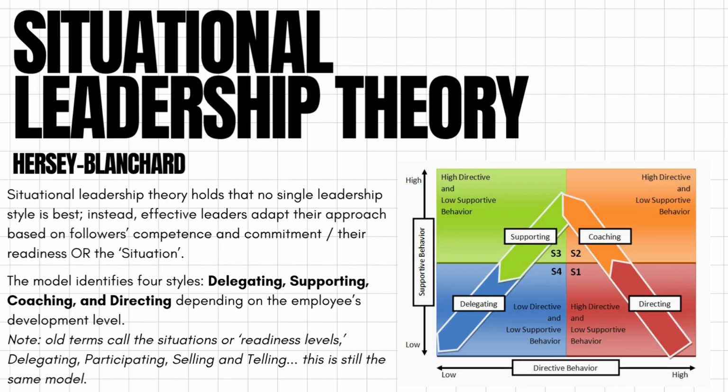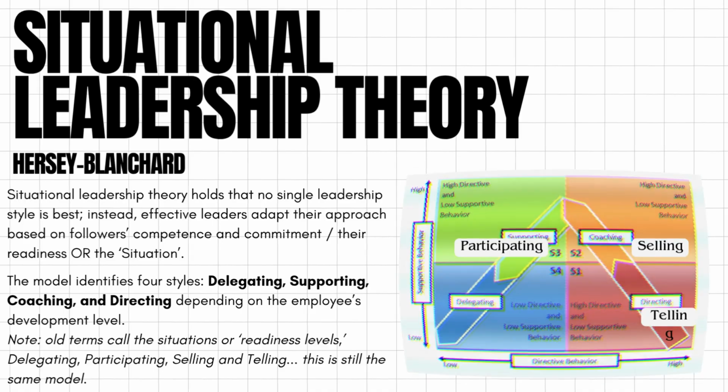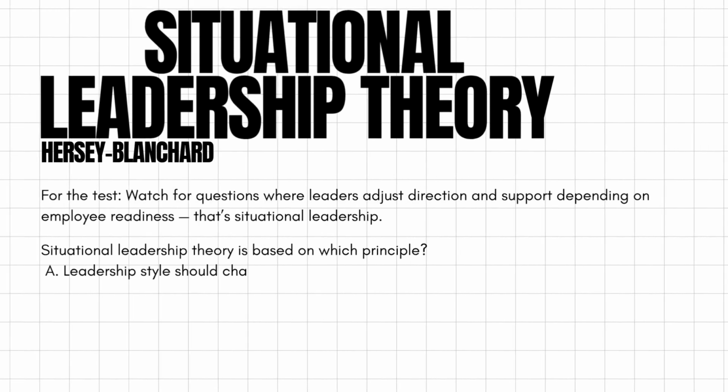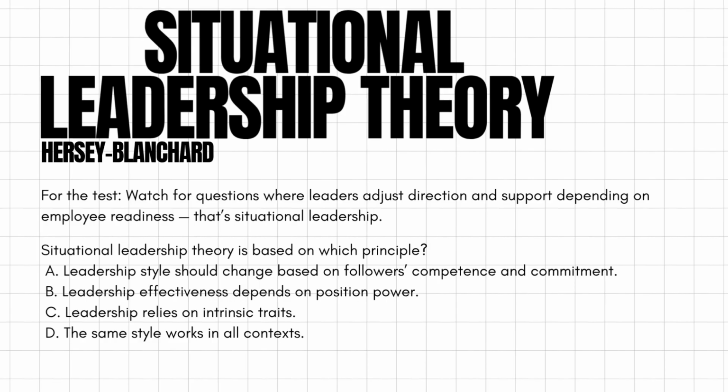Note that the old terms used to call it delegating, participating, selling, and telling. It's the same model though. For the test, watch for questions where leaders adjust direction and support depending on their employee readiness. That is situational leadership.